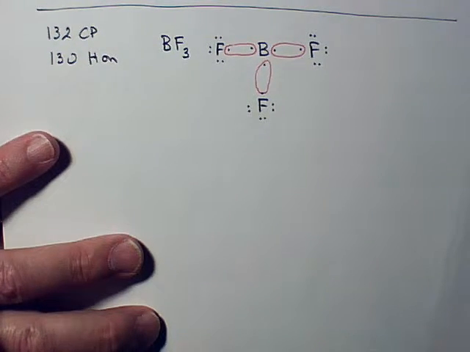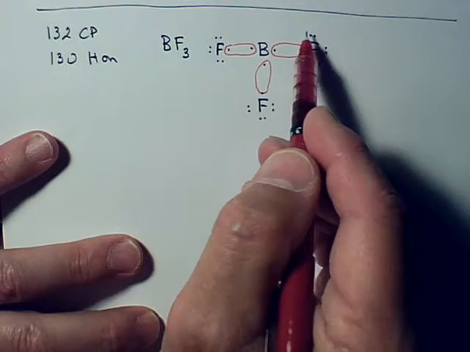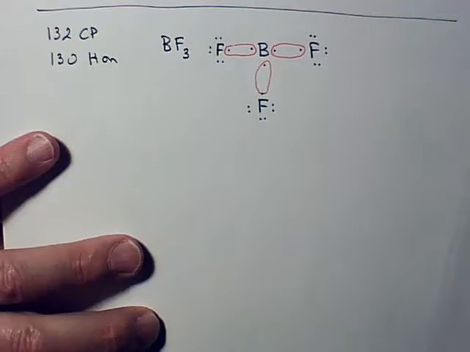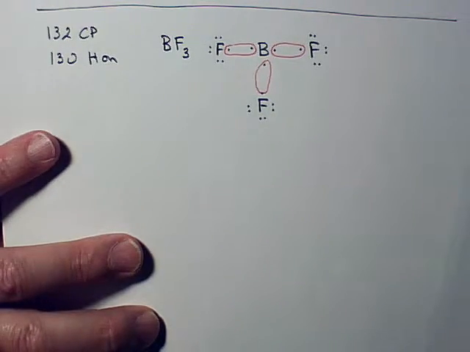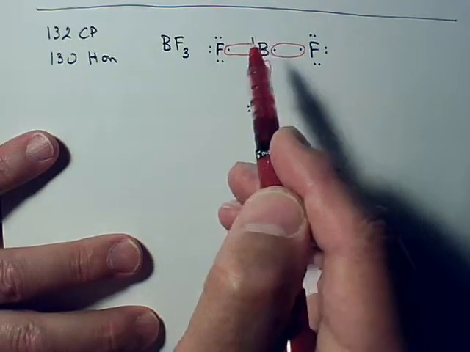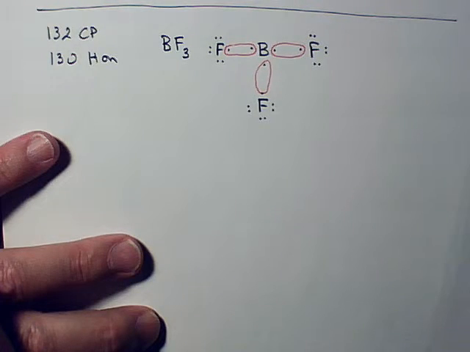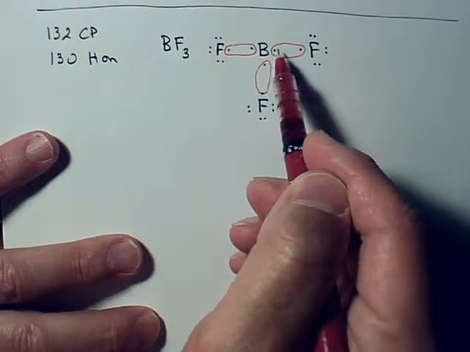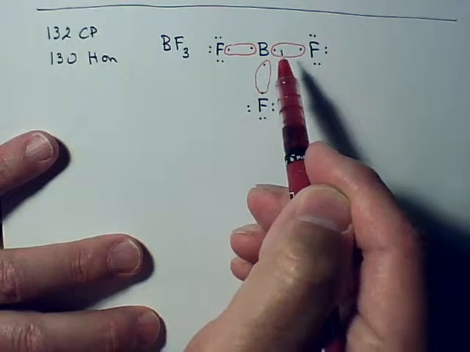So boron is stuck with 6. It can't go any further. I can't take some electrons from a fluorine and just stick them over there. You can't move an electron from fluorine over there because the only elements that you can move electrons around in that way would be in the 3rd row or higher, but these are both in the 2nd row, so they can't go any higher than that. We're done.